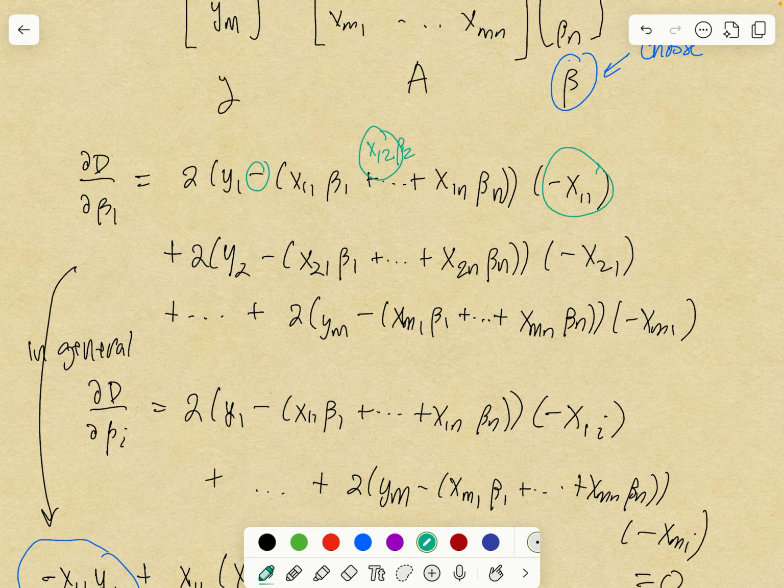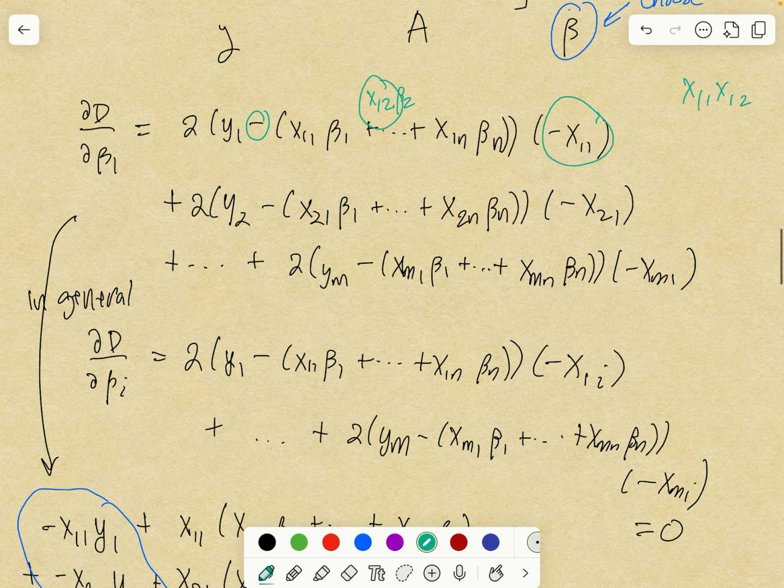So I'm going to get x11 x12 from this term, and then for the second term, I'm going to get plus x21 times x22, right? And the last one, I'm going to get an xm1 times xm2 here.